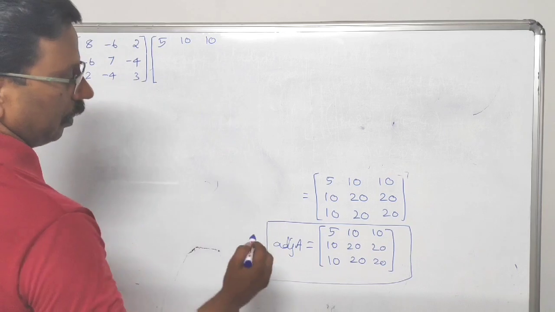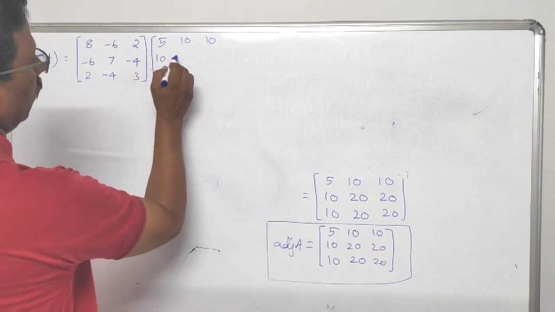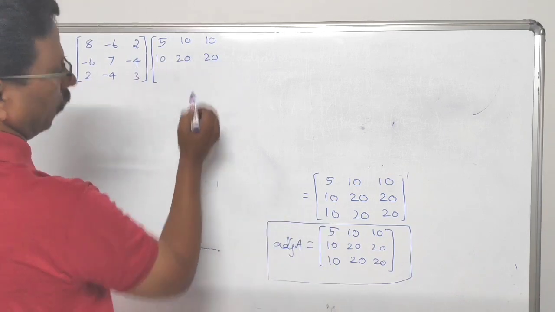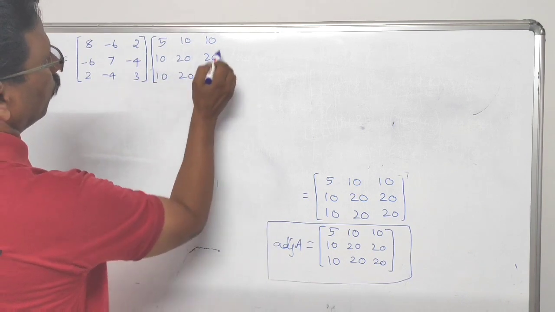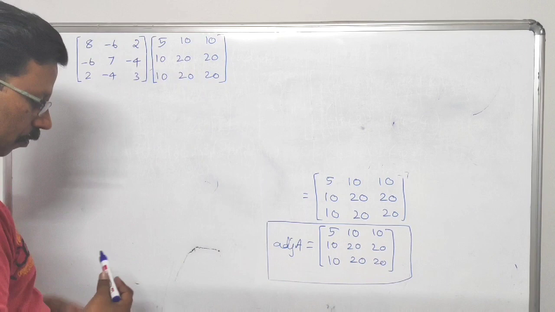Second row 10, 20, 20. Third row also 10, 20, 20. Now we have to multiply these two.